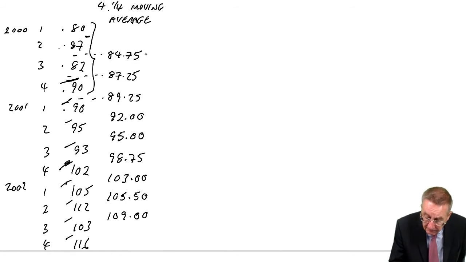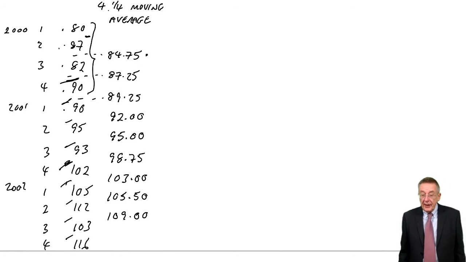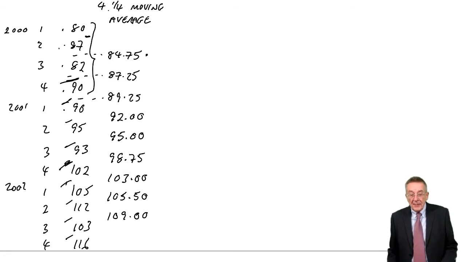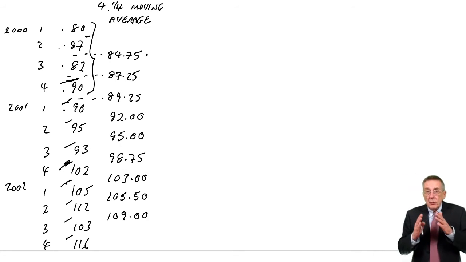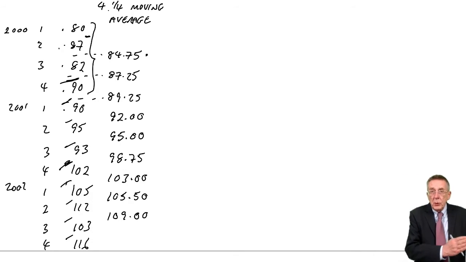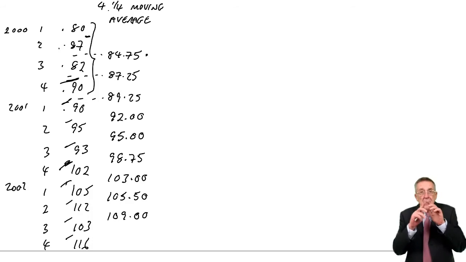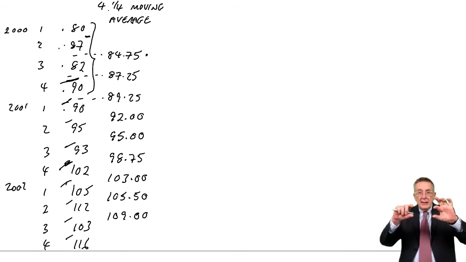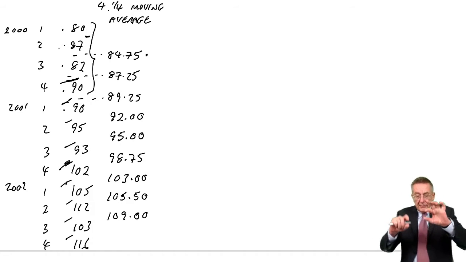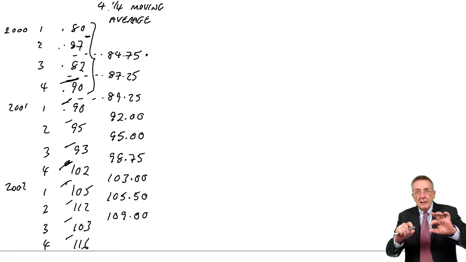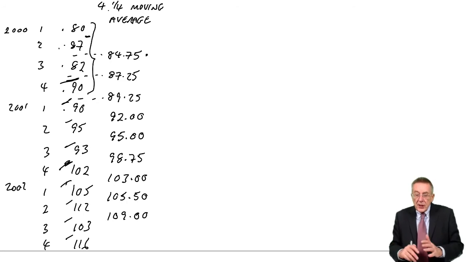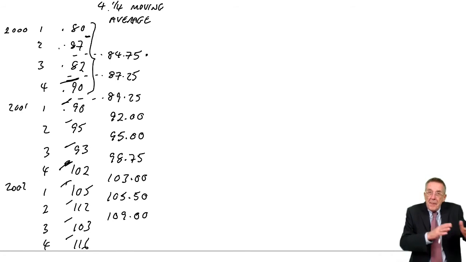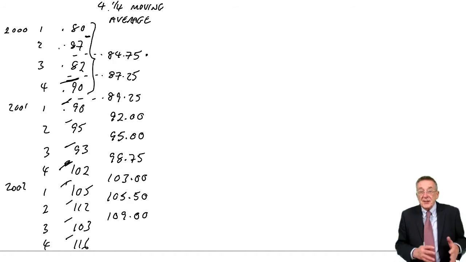But the trouble is, that 84.75, for example, doesn't coincide with any one of the 4 quarters. That's right in the middle of the year. It's 3 months in the middle of the year, which is sort of a bit of quarter 2 and a bit of quarter 3.